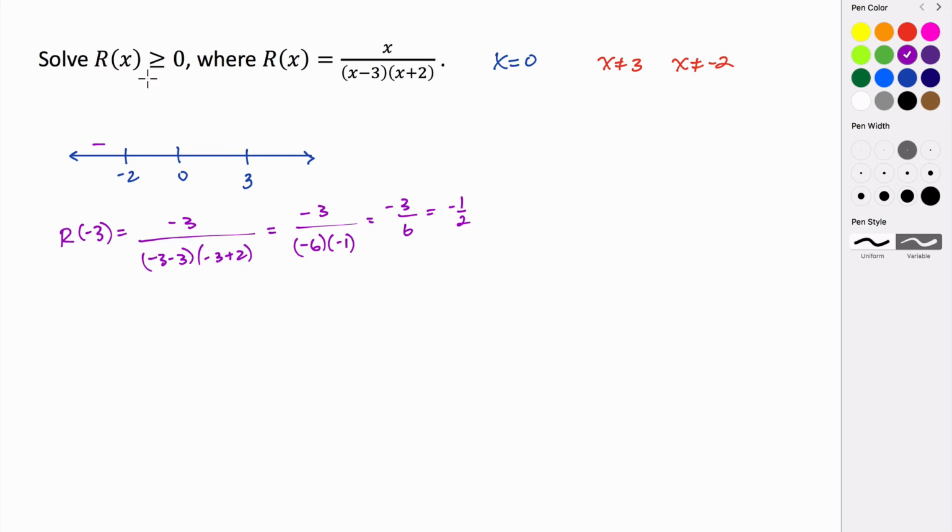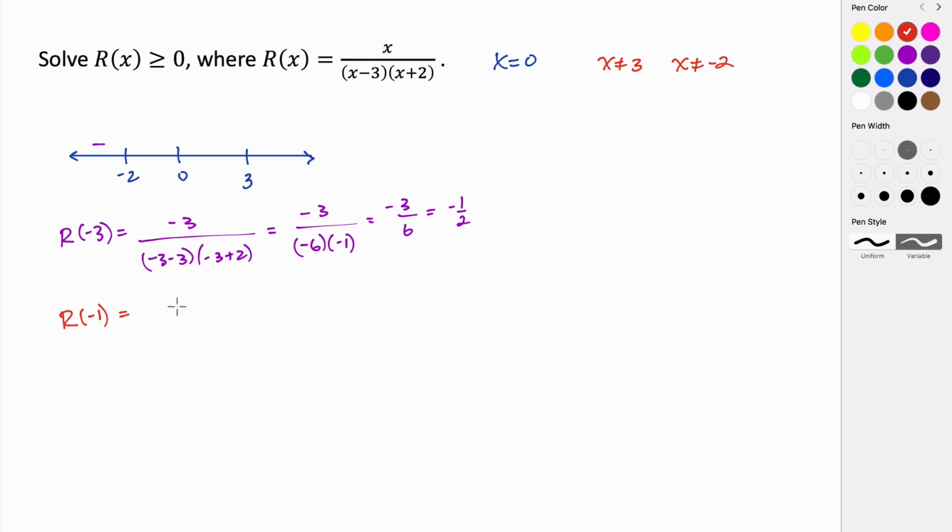We have a vertical asymptote at negative 2, a 0 at 0, and a vertical asymptote at 3. So let's test the values in between. Let's pick negative 1. What is r of negative 1?